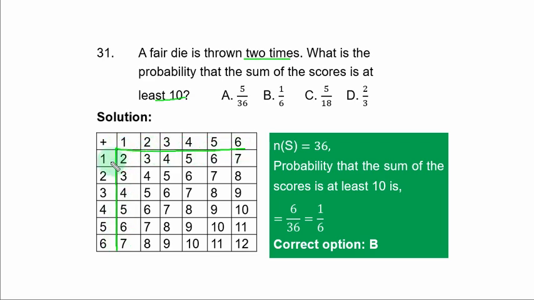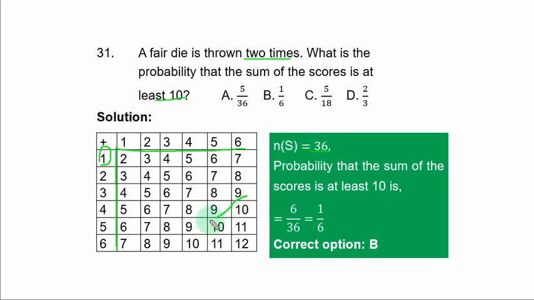So the first die, you take one side and add to all the sides of the second die. You have 2 to 7. You do the same thing for all the sides. Now the total outcome is 36. We need at least sum of 10, that is 10 and above.